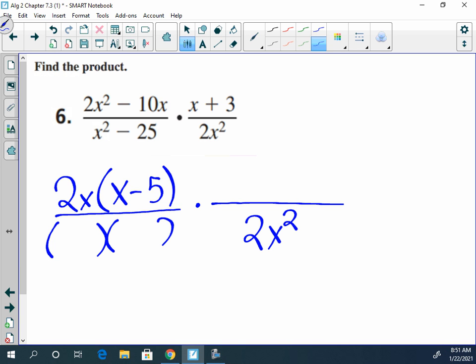Factoring x squared minus 25. This is one of our more favorite ones that we factor, yes? I think it is. Because it's what? A difference of perfect squares. So what would it be? X minus 5 and x plus 5.